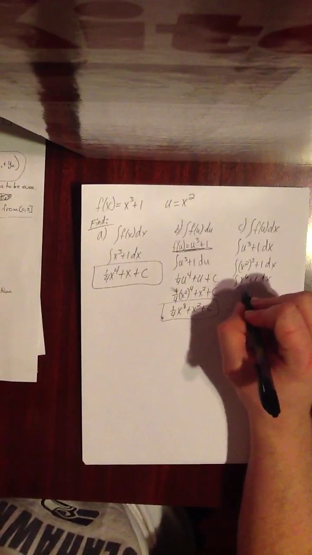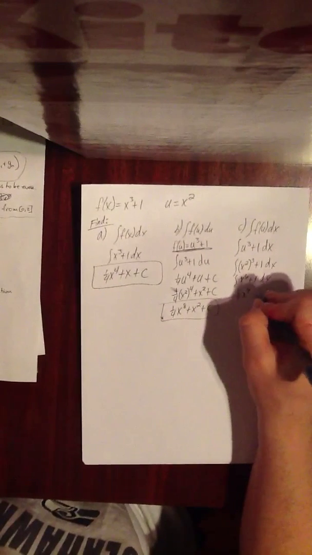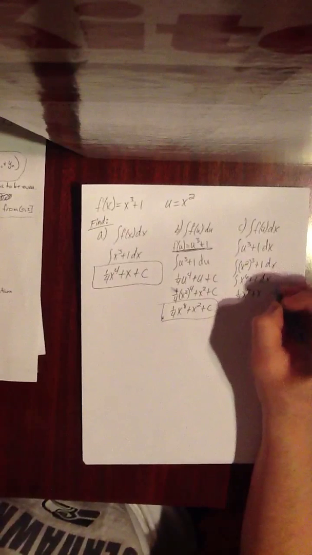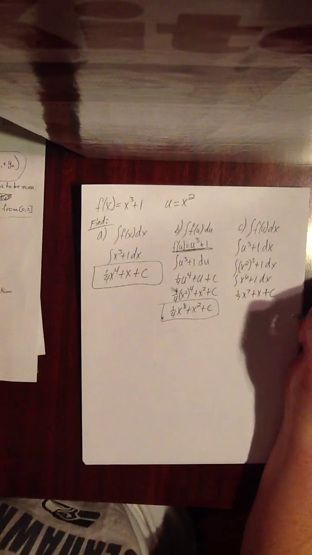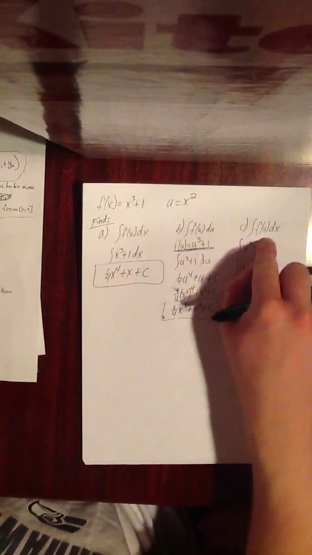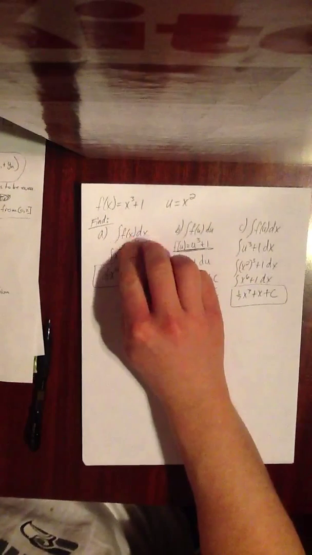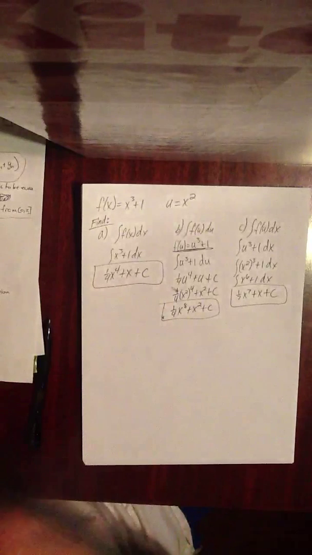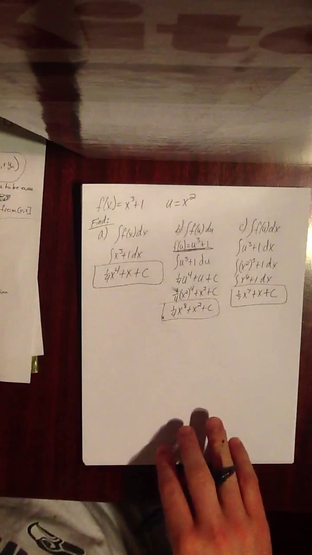Now I'll do the integral. So the integral of that would be 1/7 x to the 7th plus x plus c. Donezo. So these look pretty much the same, but they're all different. So you gotta be careful on what your letters are here. Don't know if I explained that very well.